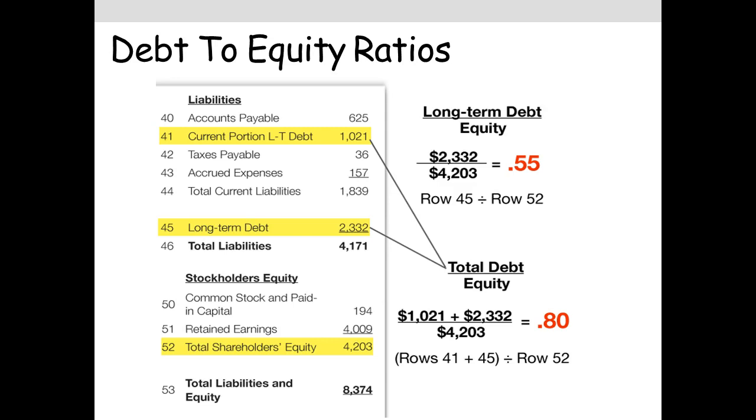When we look at total debt, we have the short term debt too, the current portion of long term debt. This is also debt, so we have to include it in total debt.